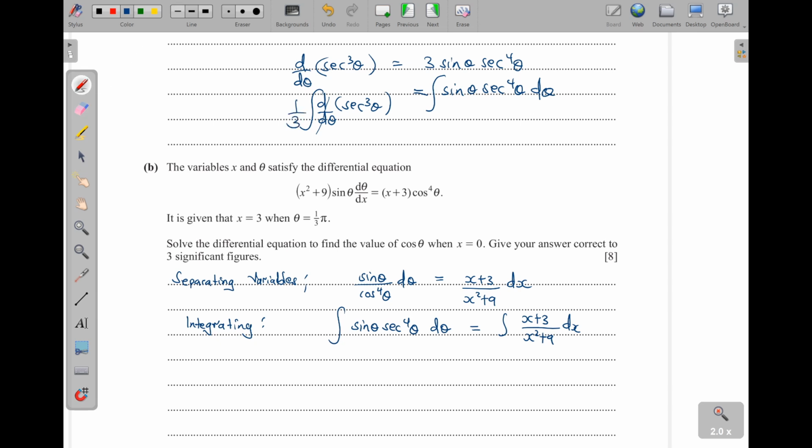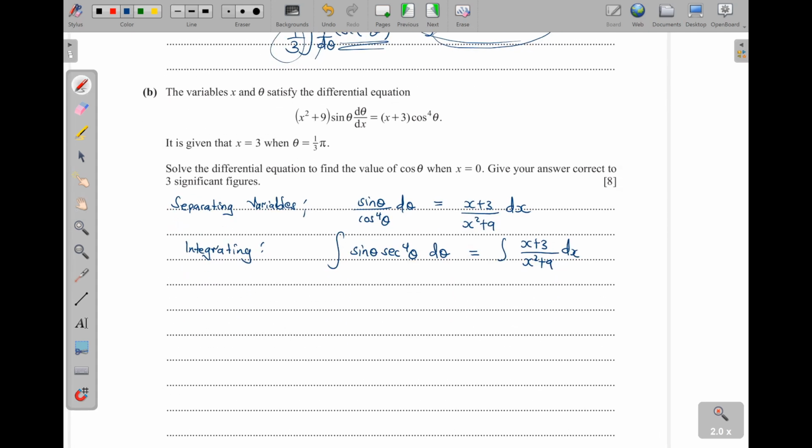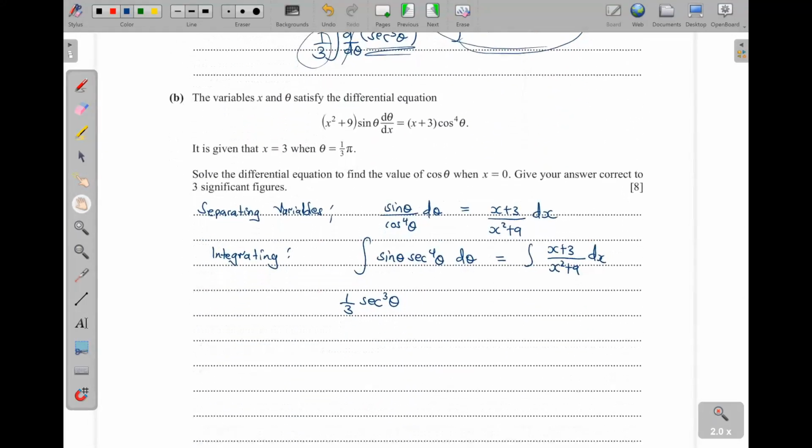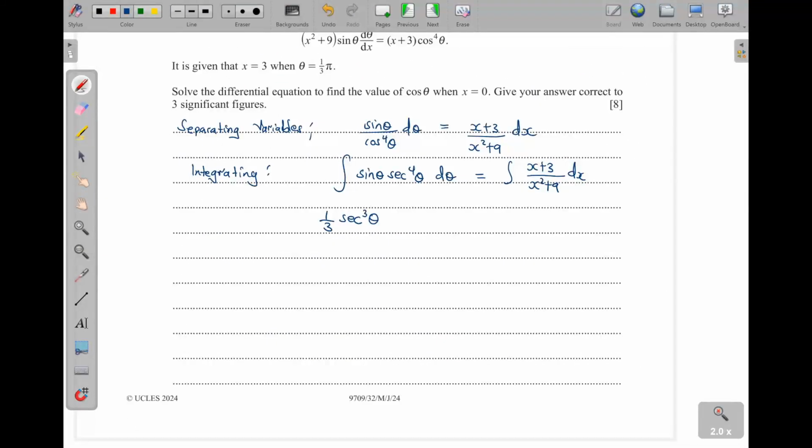When you integrate this one, it gives you a third of sec cubed theta. That's why they told me to first differentiate it here, because it has to be applied in here when we are solving the differential equation.